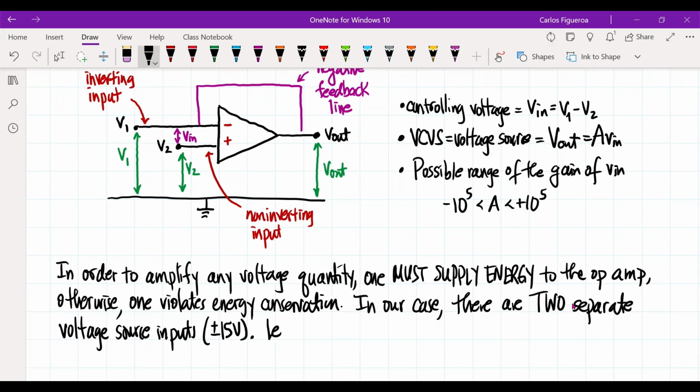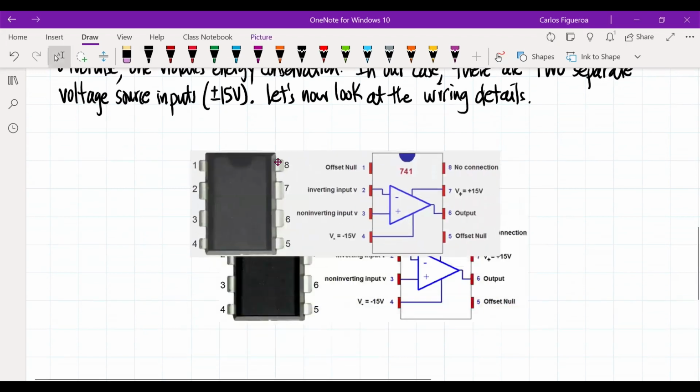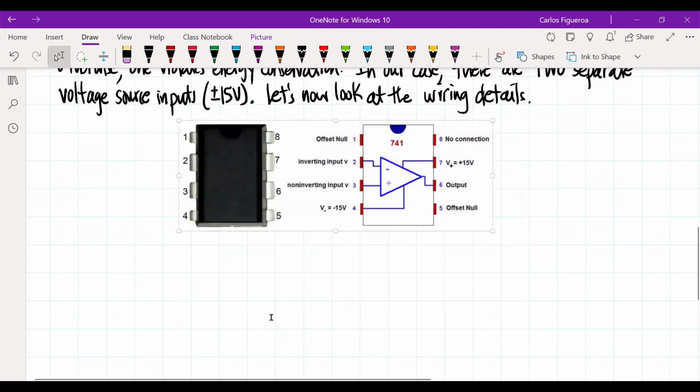So let's now look at the wiring details. Oops. So let me bring this up. And so here's what I'm going to do. I have an image that I want to share with you. This is the pin configuration of the op amp.